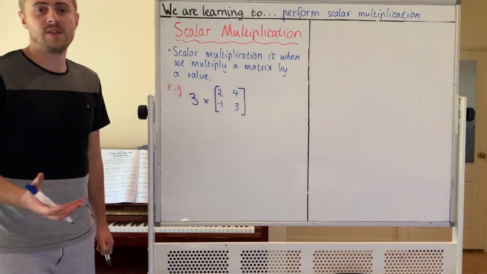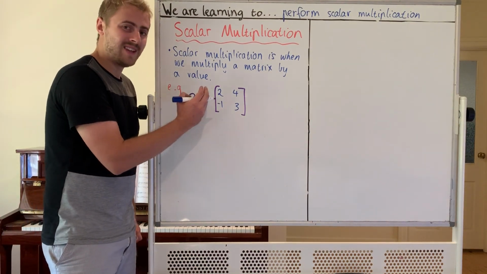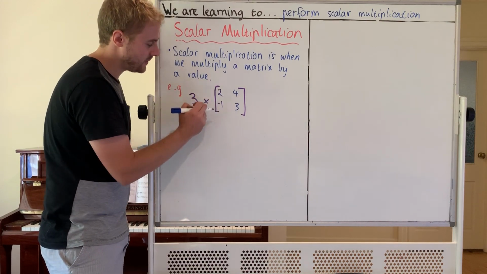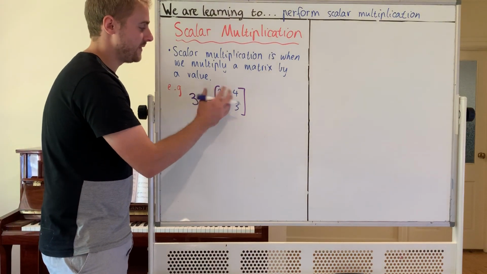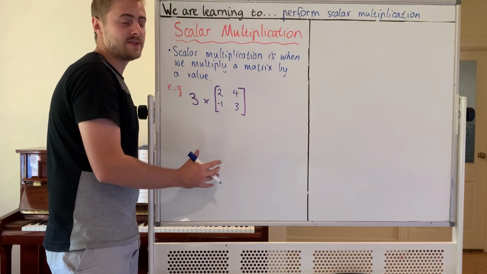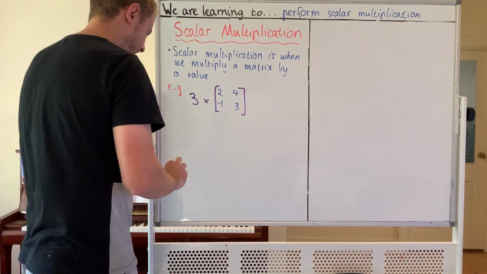Alright, what we essentially do here is pretty straightforward. Whatever the scalar is, we multiply that to every single element within the matrix. So we go 3 times 2, 3 times 4, 3 times -1, 3 times 3. So the actual values will change, but their positions won't change. The order of the matrix will remain the same. So because this is a 2 by 2, it's going to stay as a 2 by 2.